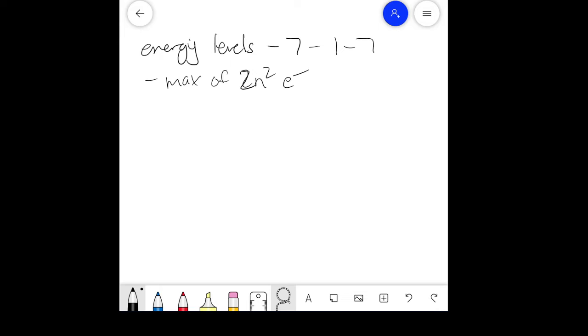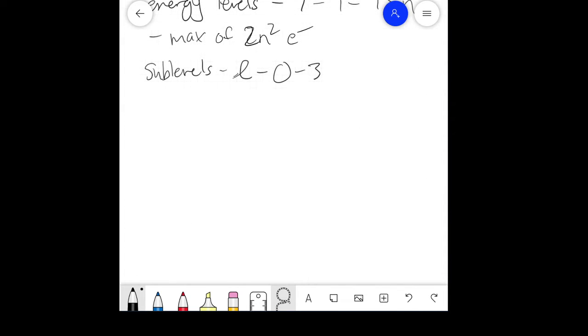We also have sublevels, which are also L, and they make up the energy levels. Remember, L ranges from 0 to 3, and there are 4 L's. You have S, P, D, and F. S can have a max of 2 electrons.